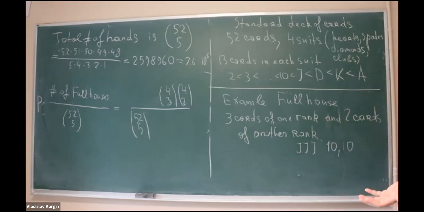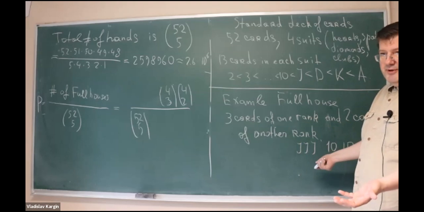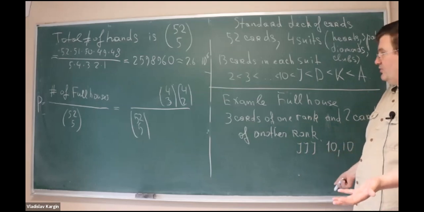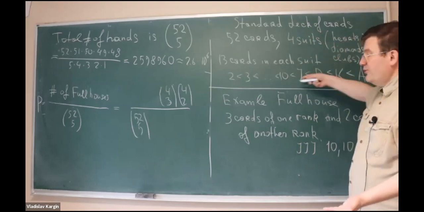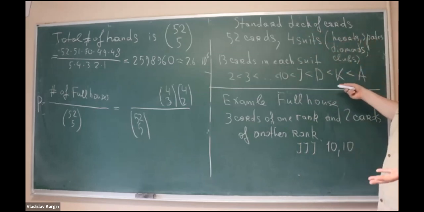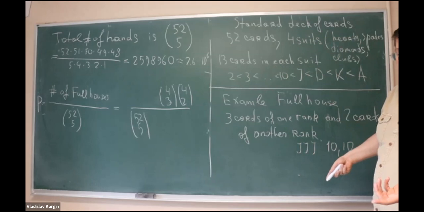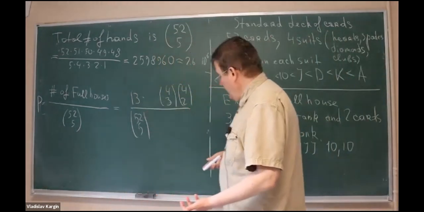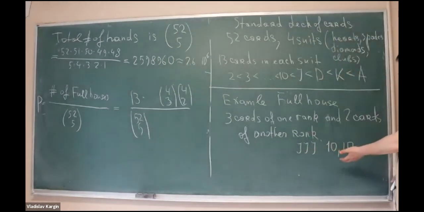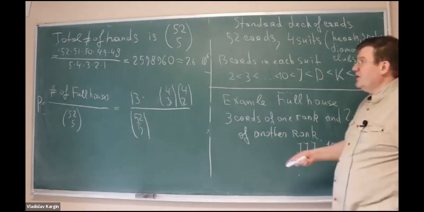So how many ways to choose the rank of a triple? We have 13 ranks, so we choose one of them and say this will be our triple. So here's the 13, and after that we also have 12 possible choices for another rank. So multiply by 12.